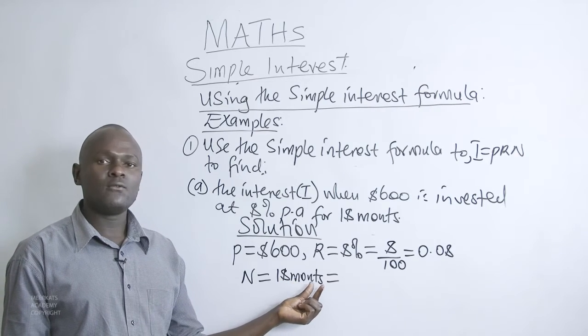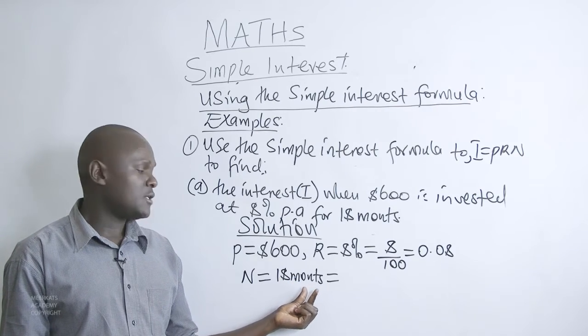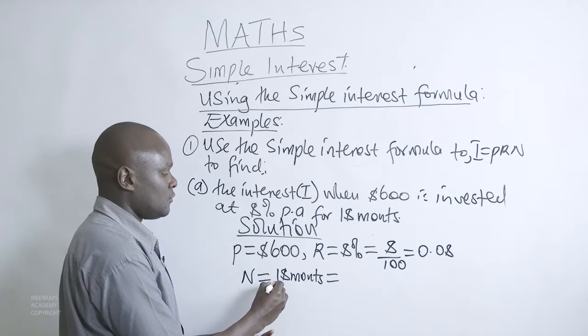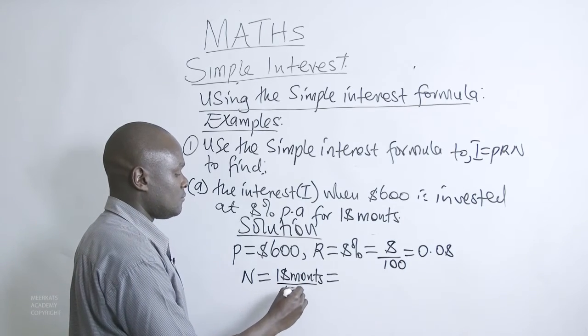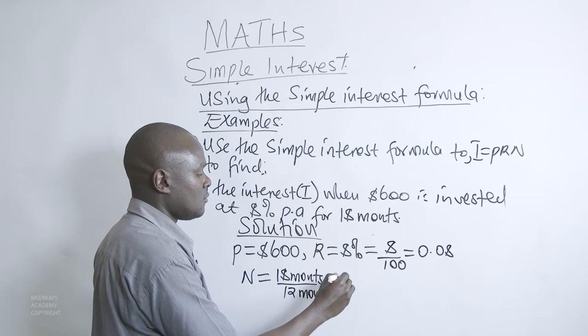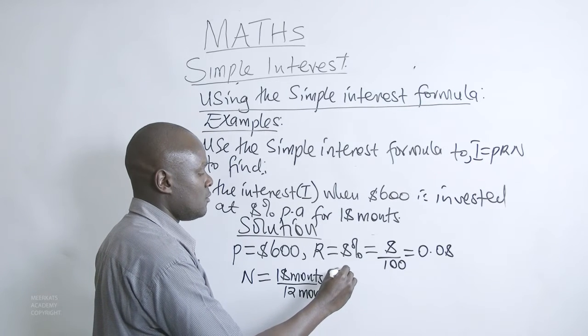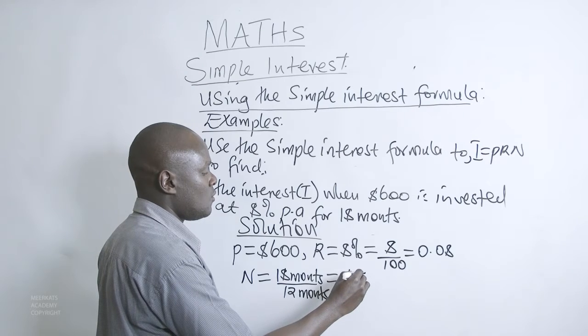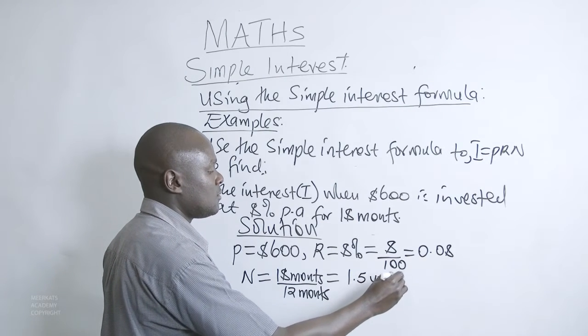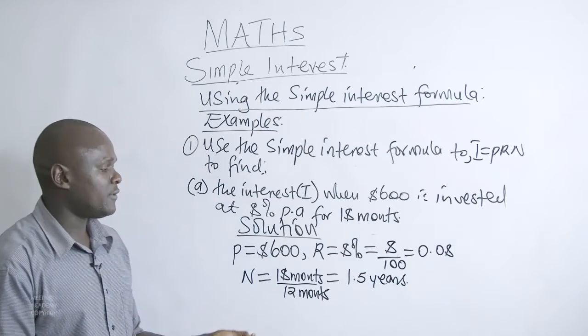For us to know the number of years, we will divide 18 months by 12 months. This will give us 1.5 years.